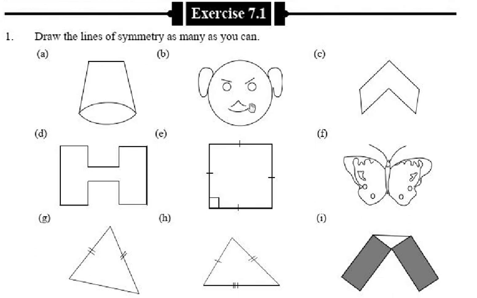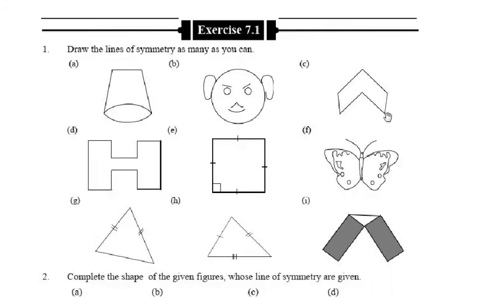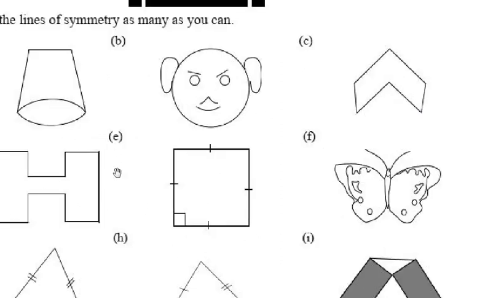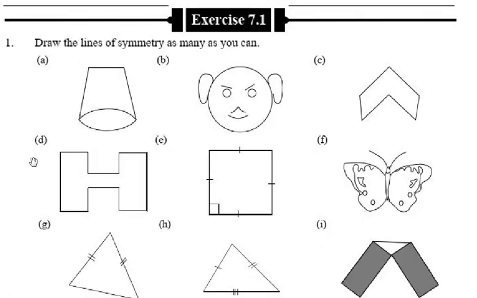What about this? Yes, vertical only. This? One. Okay, now everyone draw this picture and draw the lines of symmetry as many as you can. Draw and show it.